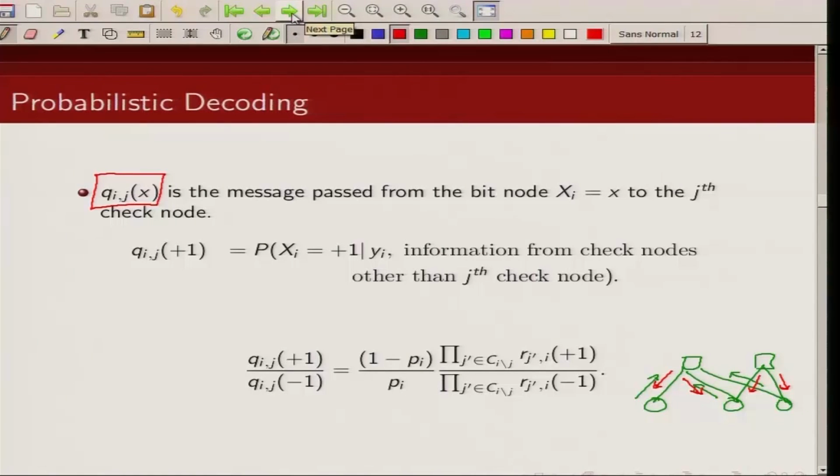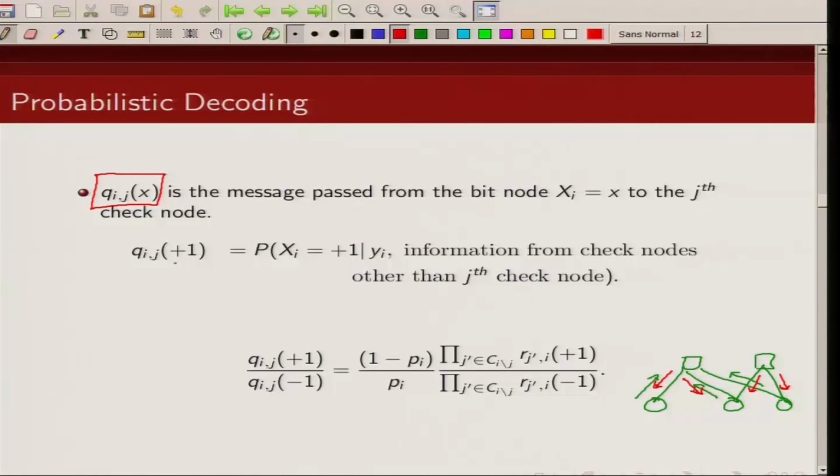Now, what is this QIJ? It is a message passed from the bit location I to the jth parity check node. QIJ being plus 1 is given by the probability that Xi is plus 1 given the received sequence Yi and information from parity check nodes other than the jth parity check node.